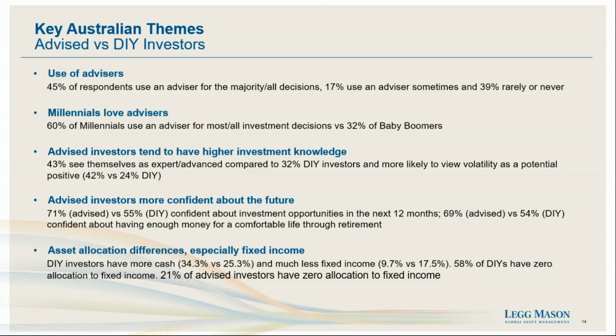The next point is a self-assessment test. Do you see yourself as an expert or an advanced investor? Here you can see that advised investors believe they have more knowledge than a DIY investor. And the second point that comes out is that an advised investor tends to see volatility as a positive, not as a negative. I think that goes to this idea of buy the dips.